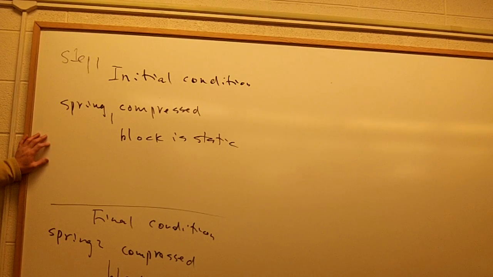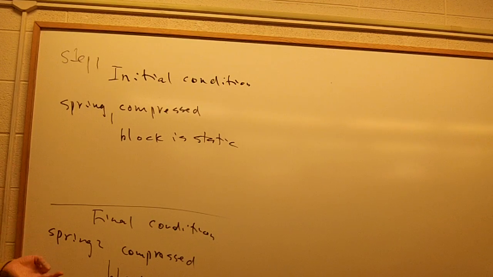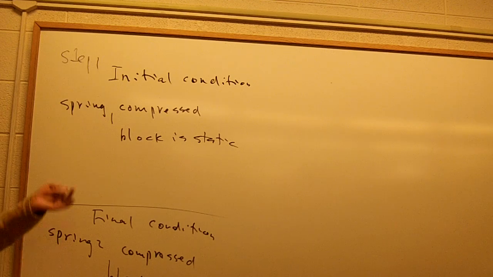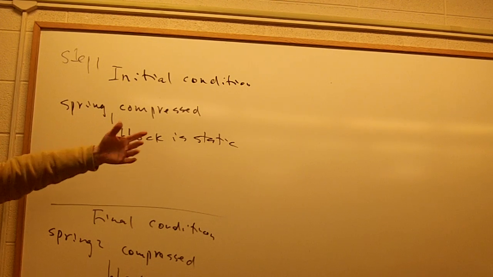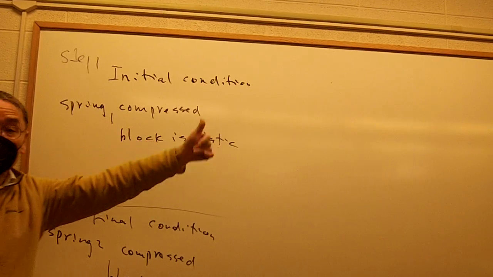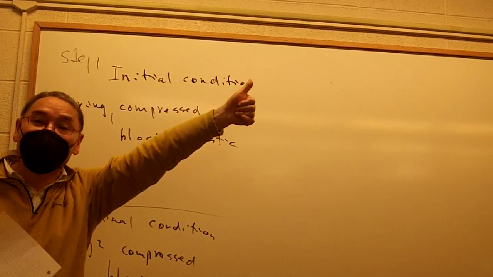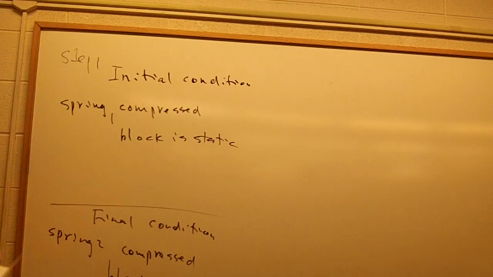From these, we will be able to write down the mechanical energy. Again, mechanical energy has three terms: one is the gravitational potential energy, one is the spring potential energy, one is the kinetic energy. We can write all of them down. But this time you see they are at the same elevation, so gravitational potential energy is not used. Can I get a thumbs up? Everybody understand? In other words, there will be no gravitational potential energy. Great, thank you so much.